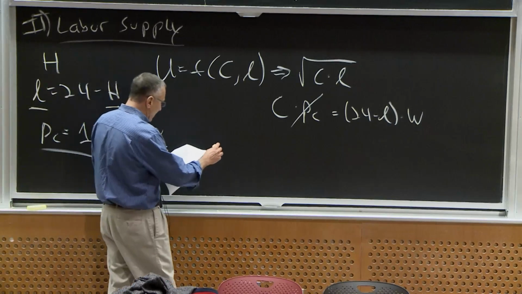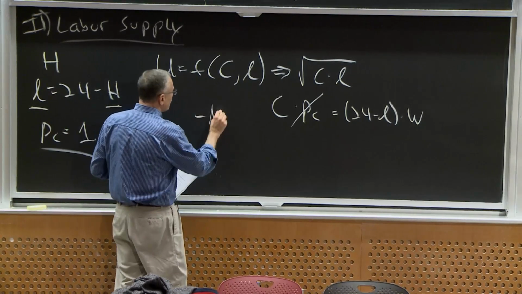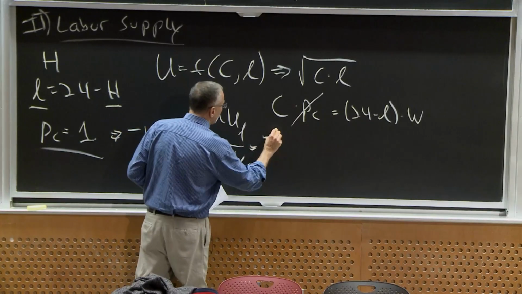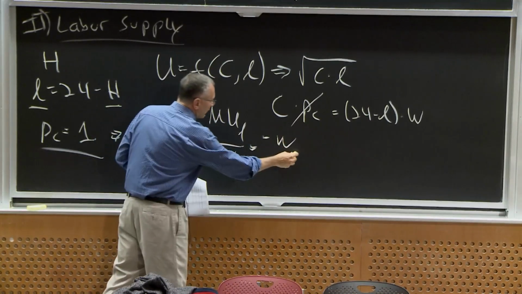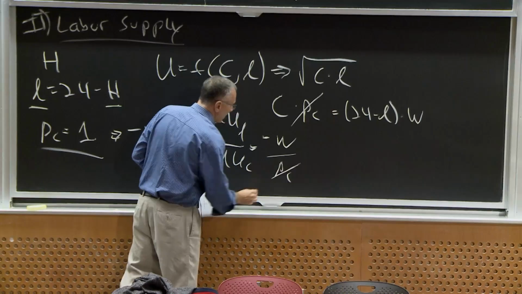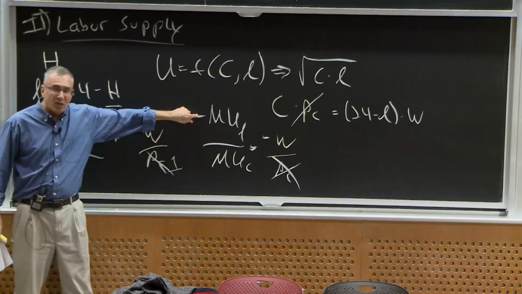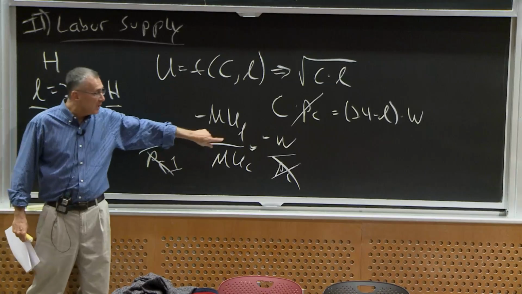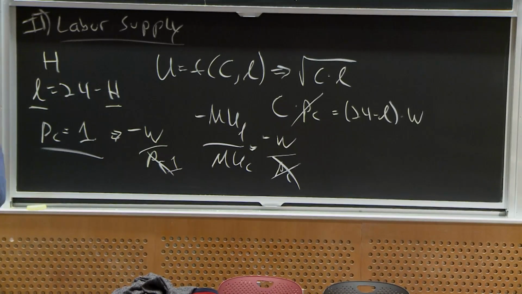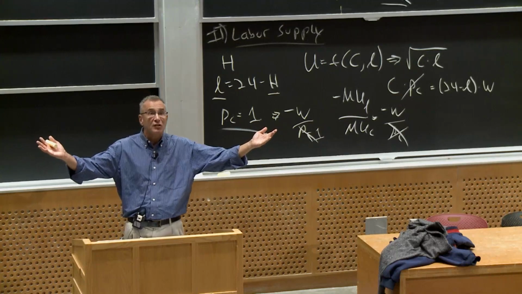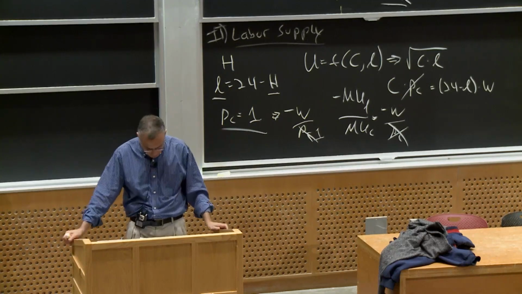So you want to set minus the marginal utility of leisure over the marginal utility of consumption equal to minus the wage, once again over the price of consumption, but the price of consumption we normalized to 1. Okay? So you want to set the marginal utility of leisure over the marginal utility of consumption equal to the wage. That's the optimization condition. That's just back to pizza and cookies, guys. Same thing, instead of pizza and cookies, it's leisure and consumption.